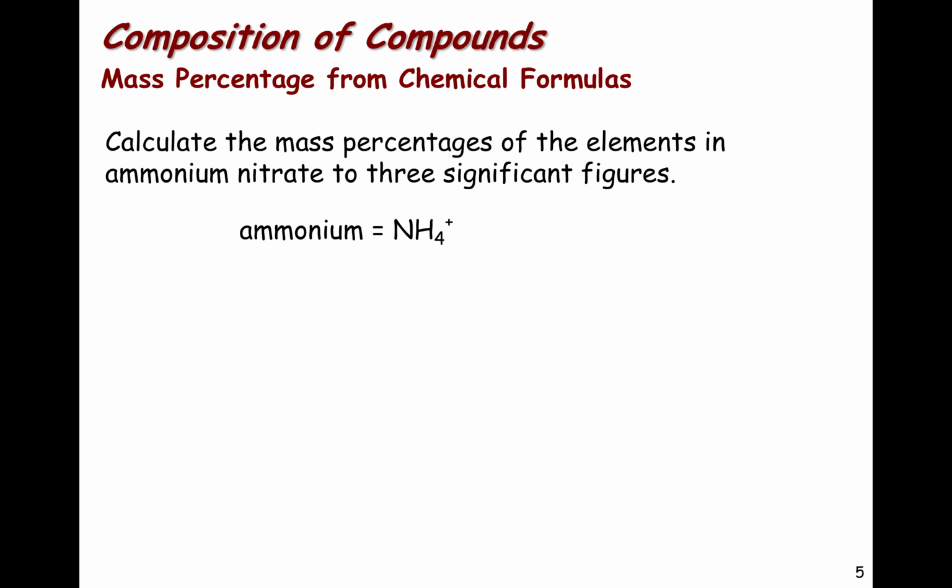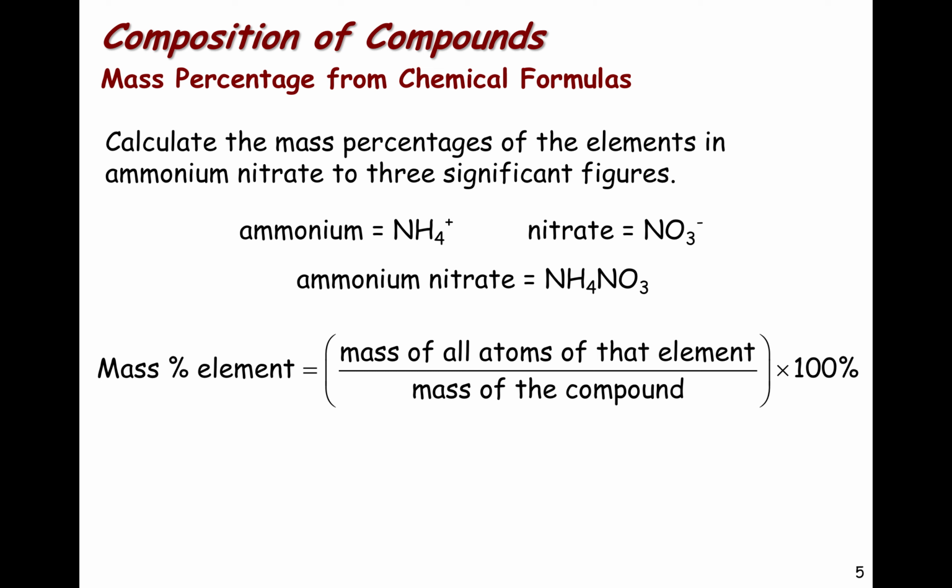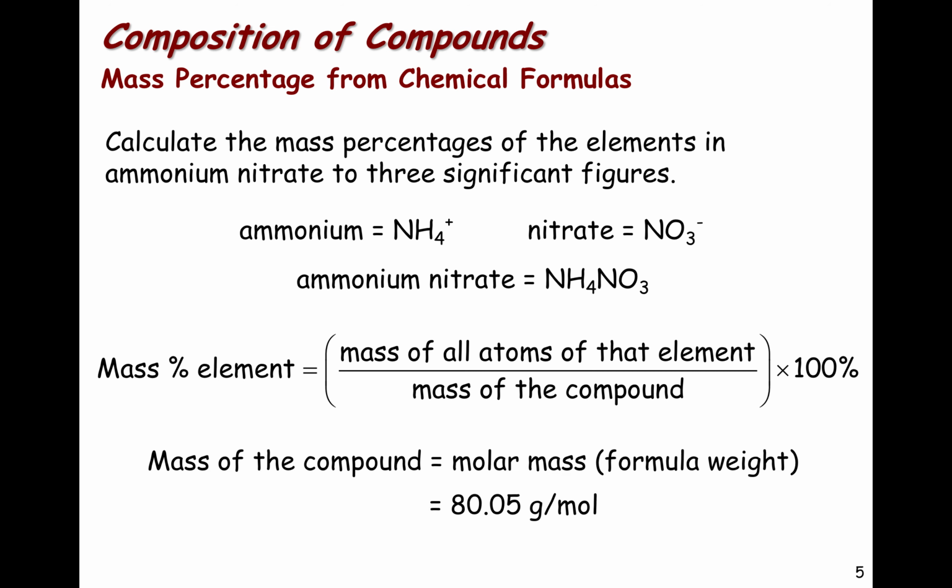The formula for ammonium nitrate is comprised of the ammonium ion and the nitrate ion. The ammonium ion is +1, the nitrate ion is -1, so this comes together to give a formula of NH4NO3. In this particular case then, we need to figure out the total mass of the nitrogen atoms in the formula and divide by the total mass of all the atoms in the formula.